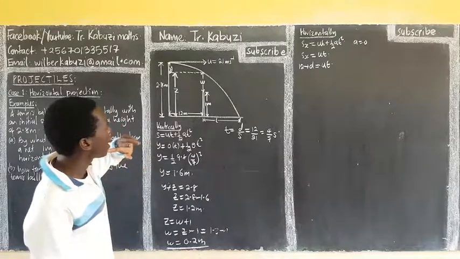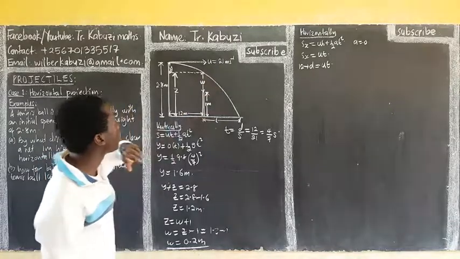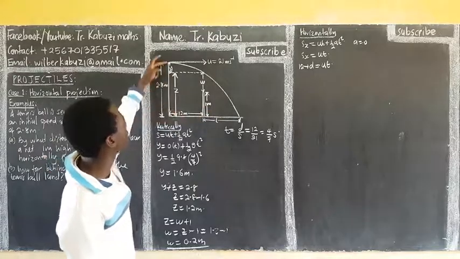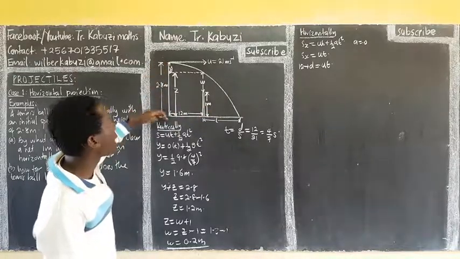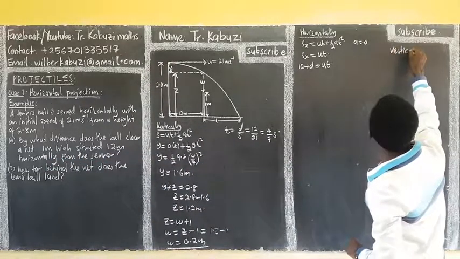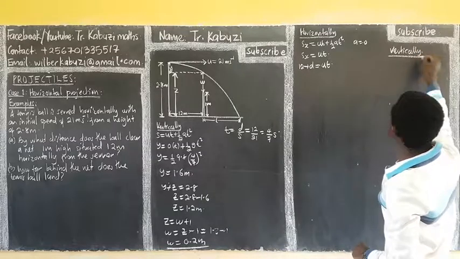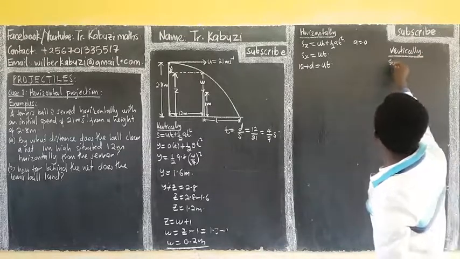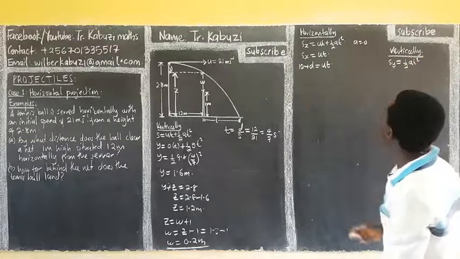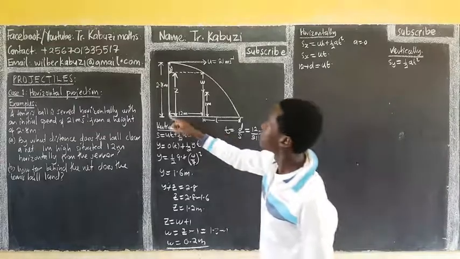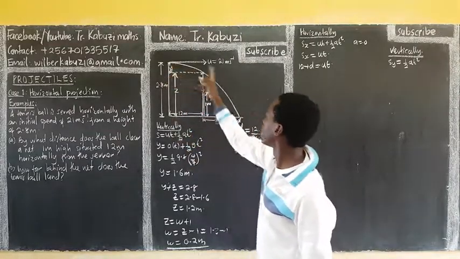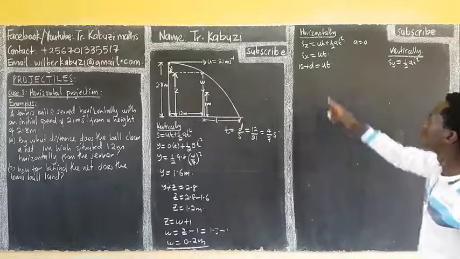So how can we get the time from here up to here? You can get the time because we have this vertical displacement from here up to here. Vertically, our SY is always given by a half AT squared. So if you have this vertical distance, then you can get the time.